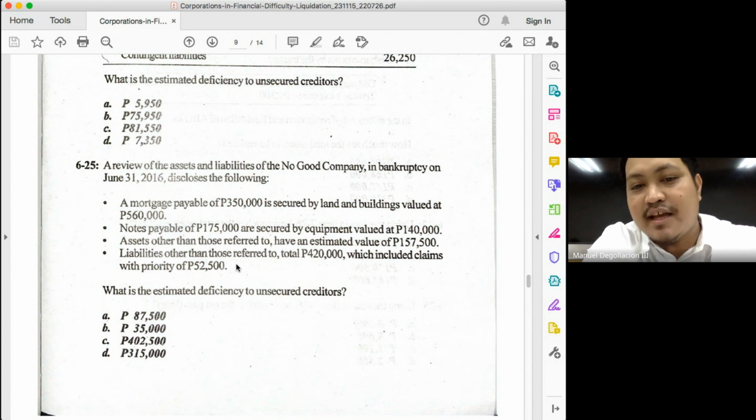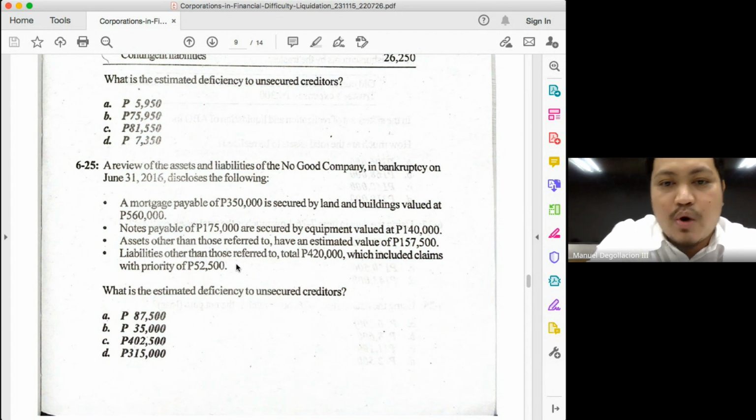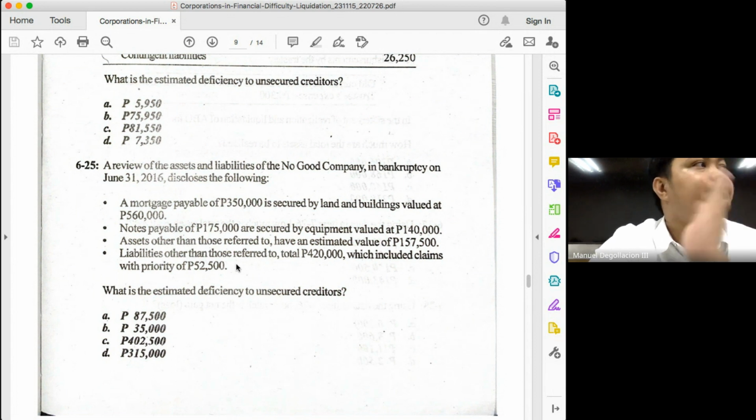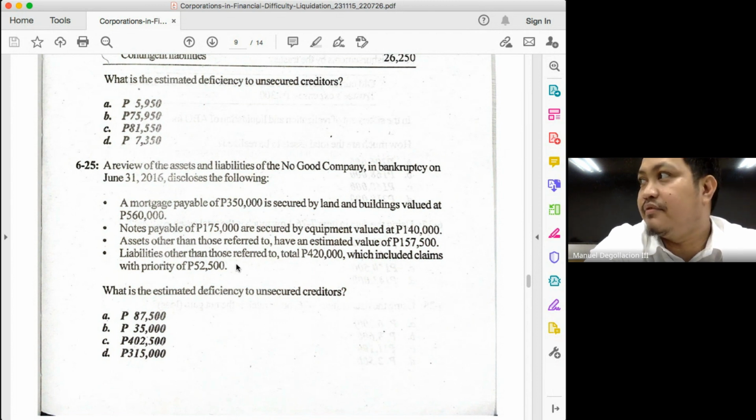So we have 560 plus 140 plus 157,500 will give you how much? How much? 857,500. What else do we need to get our negative equity? Solve for all your liabilities. First bullet, we already have encountered mortgage payable in the amount of 350.